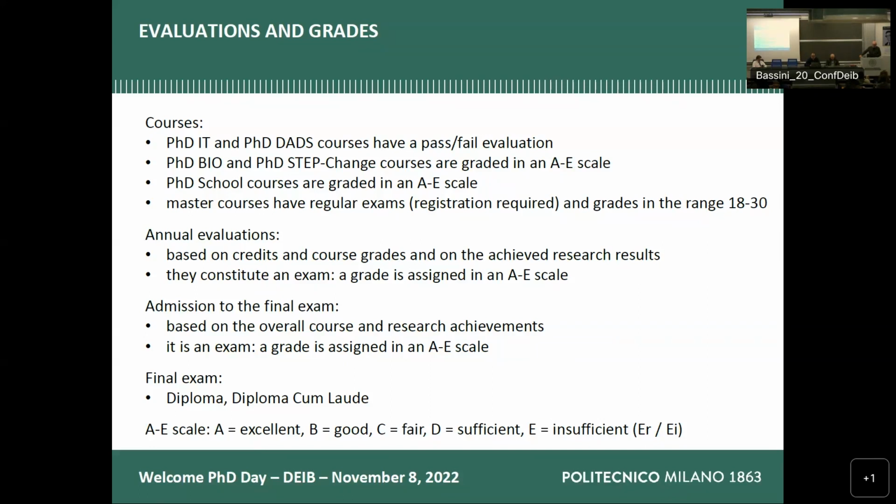Finally, admission to the final exam will be based on your overall PhD path and research achievements, again evaluated on an A to E scale. When you get to the final exam, you will earn a diploma, which possibly can be with cum laude.